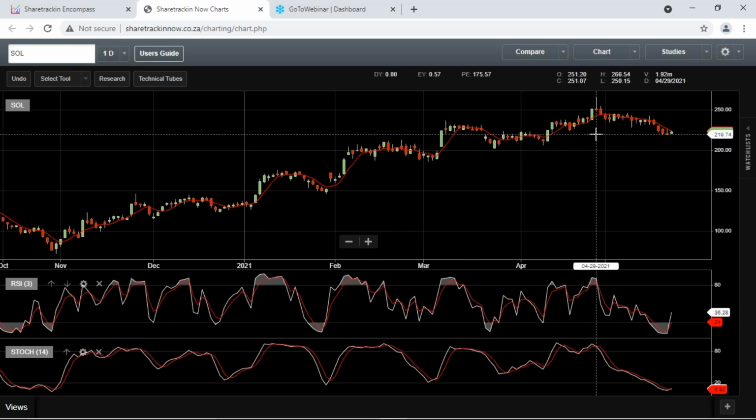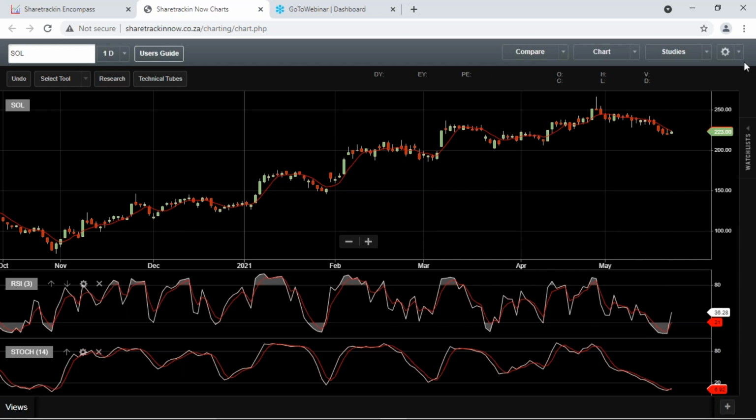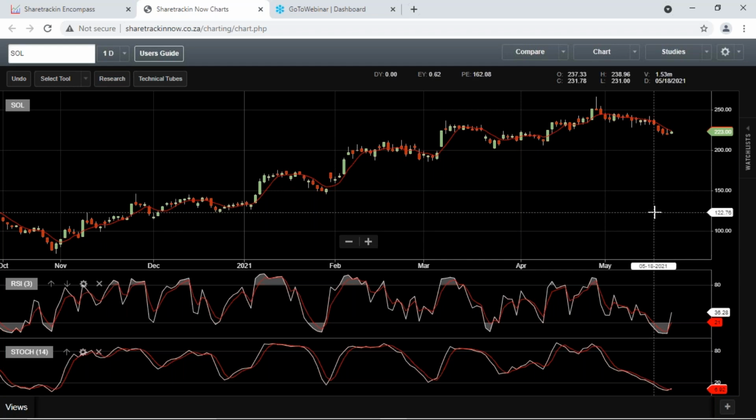But I can see that here from the 29th of April, this share has the tendency to go a bit more down. Then you would also note that your RSI and stochastic is busy crossing to show an upward trend, which could indicate a share that's growing currently.